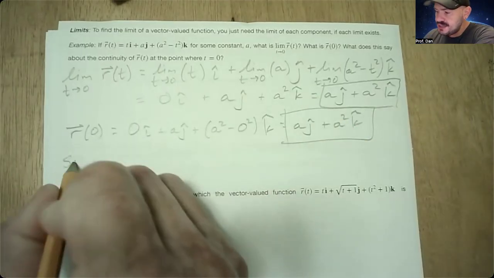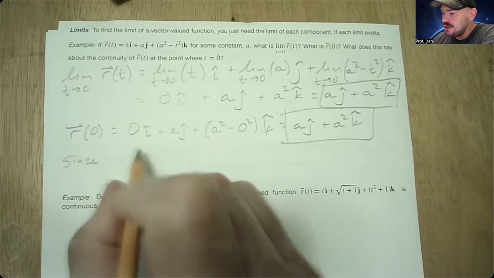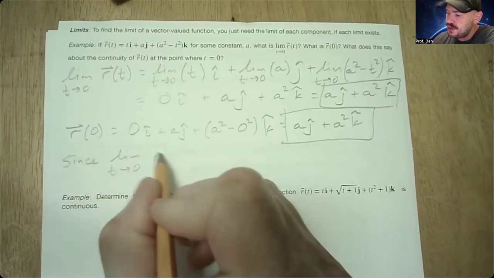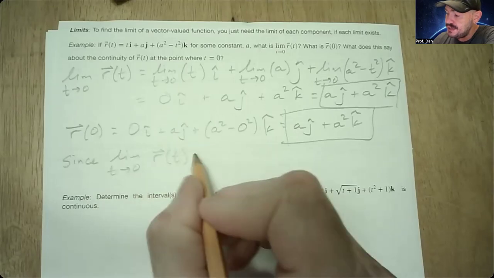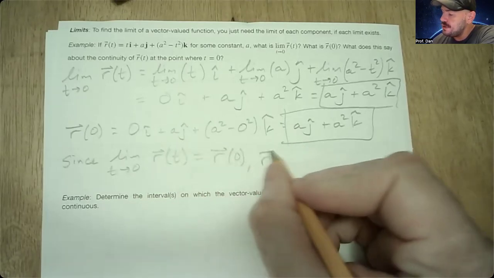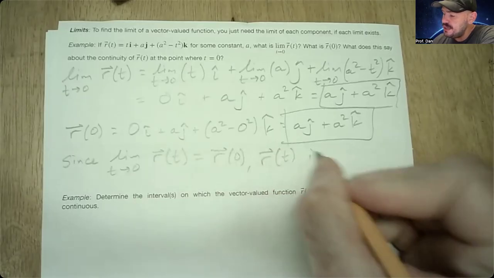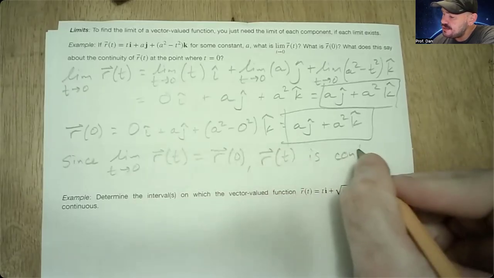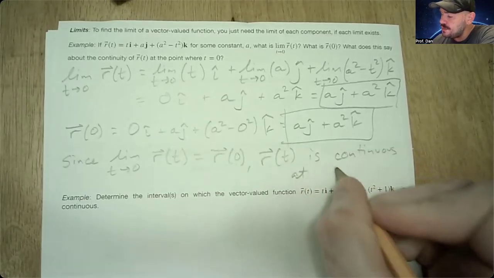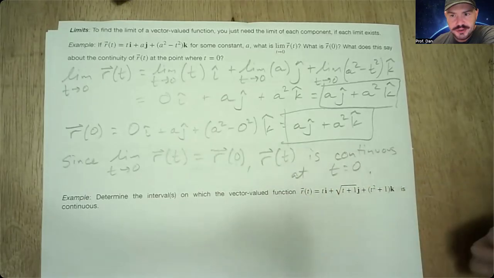So we would say since the limit as t approaches 0 of r of t is equal to r of 0, r of t is continuous at the point when t is equal to 0.